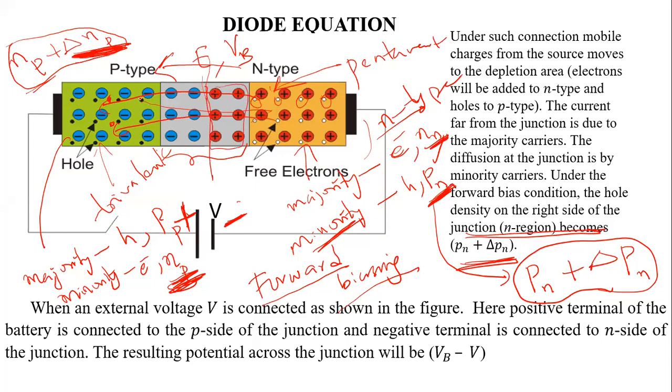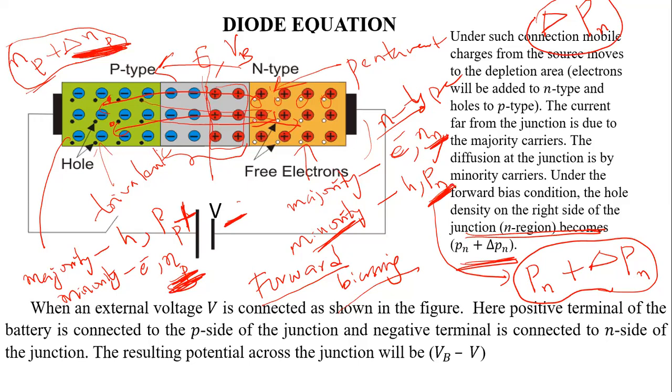So by overcoming this repulsive force created by these positive ions, some amount of holes from the p side will move over to the n side. That amount of holes which move over to the n side is given by del Pn. Del Pn is the amount of holes transferred across the p-n junction.